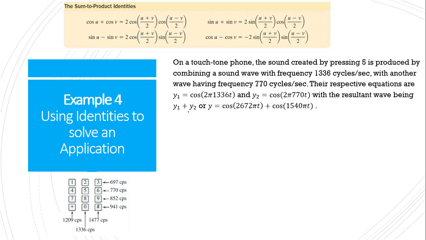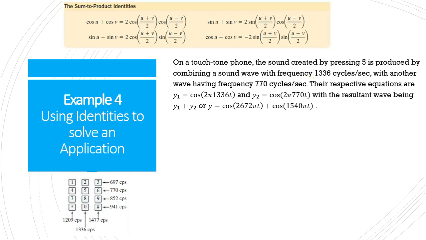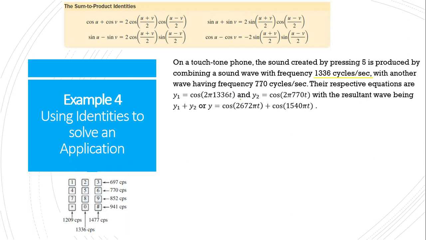So I'm going to do that right now. That sound is produced by combining a sound wave with frequency of 1336 cycles per second with another wave having 770 cycles per second.